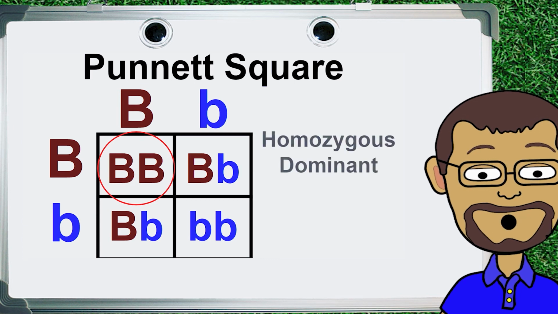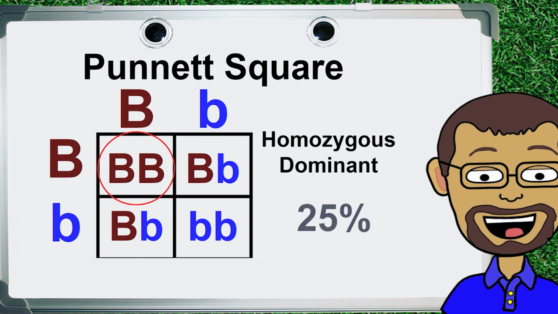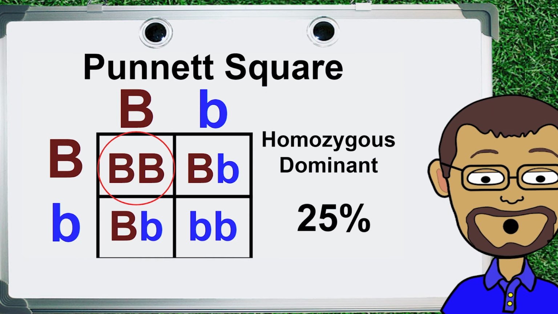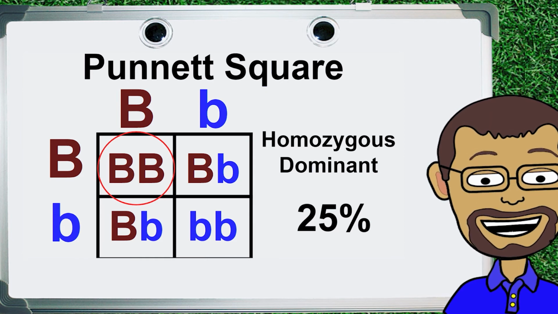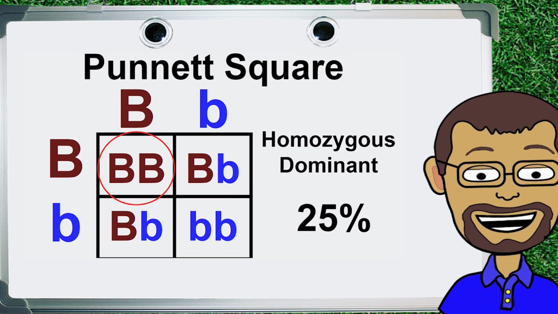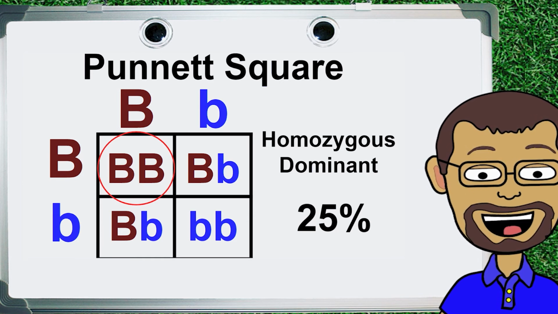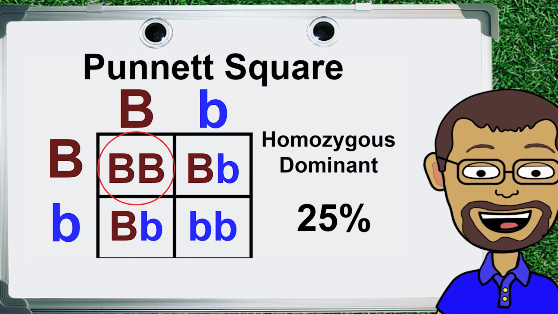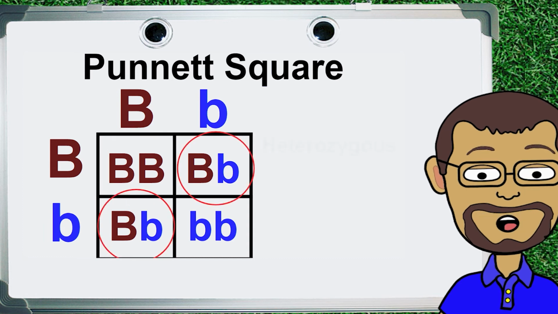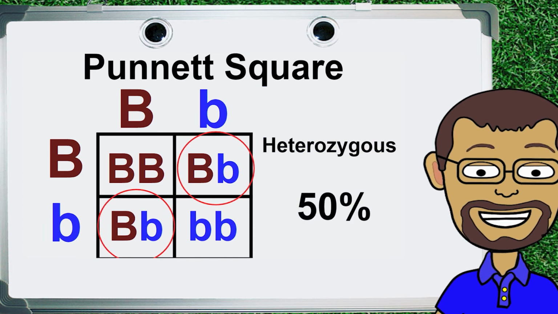The prefix homo means same, and zygous has to do with the allele, so homozygous dominant. Since there's only one big B, big B box right here, there's a 25% chance that their child will have big B, big B. These two boxes have a big B, little b. We call this heterozygous, since they're different.